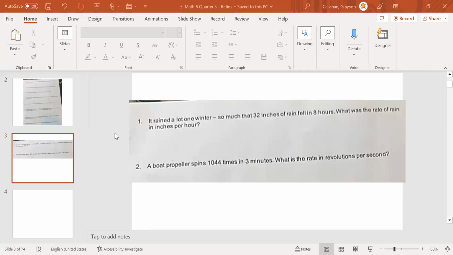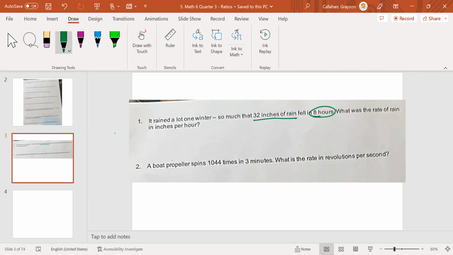Okay, so this is week 4, Thursday for math 6 on ratios. Question number 1 says, it rained a lot one winter, so much that 32 inches of rain, so we're going to underline this, fell in 8 hours. So this is rain in inches, that's the first one, right? And then the other one is time in hours, right?